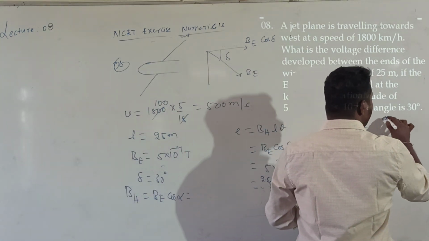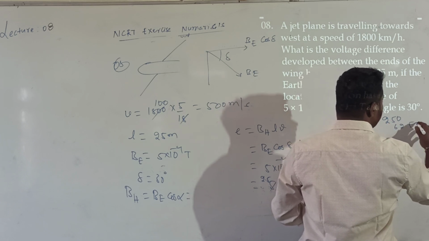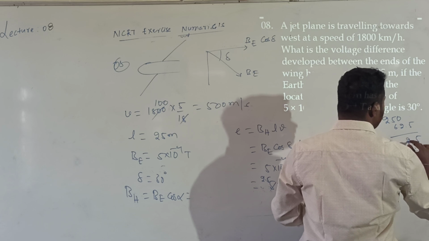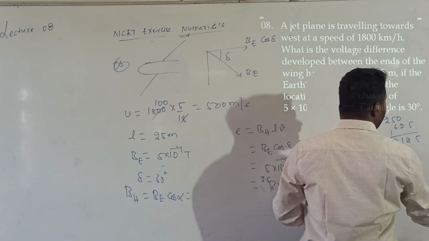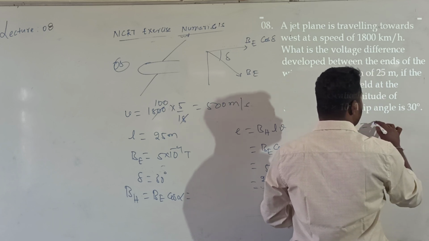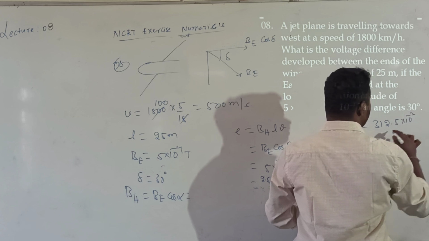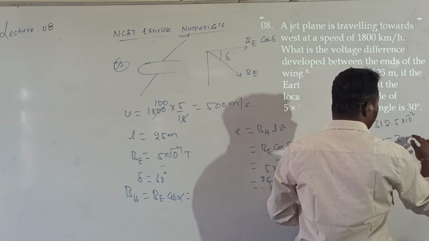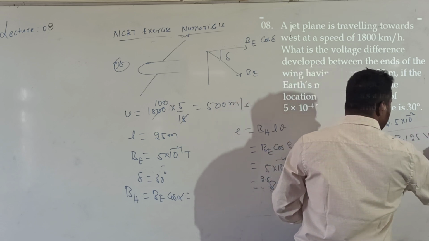So 250 plus 62.5 is 312.5. 312.5 into 10 power of minus 2 is 3.125 volt. This is the induced EMF developed across the wings.